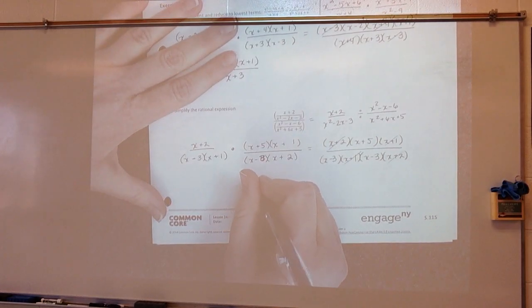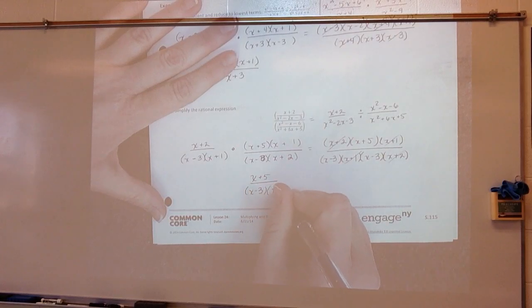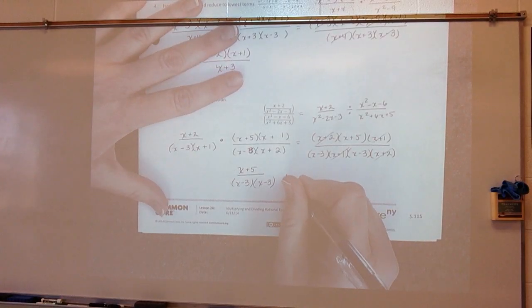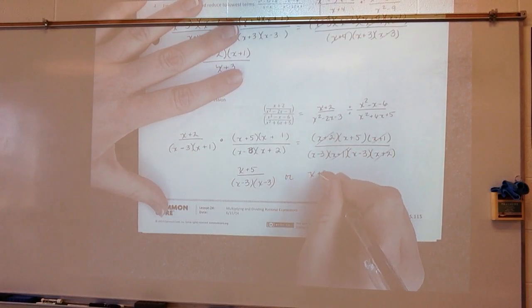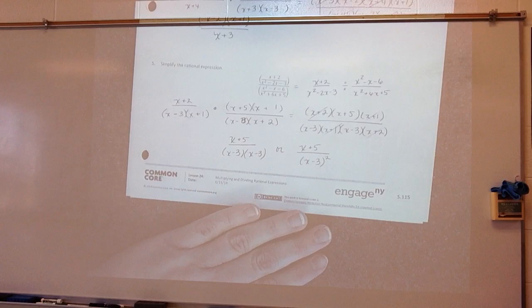So I get x plus 5 over x minus 3 times x minus 3. And I can rewrite that as x plus 5 over x minus 3 squared. I won't count it wrong either way.